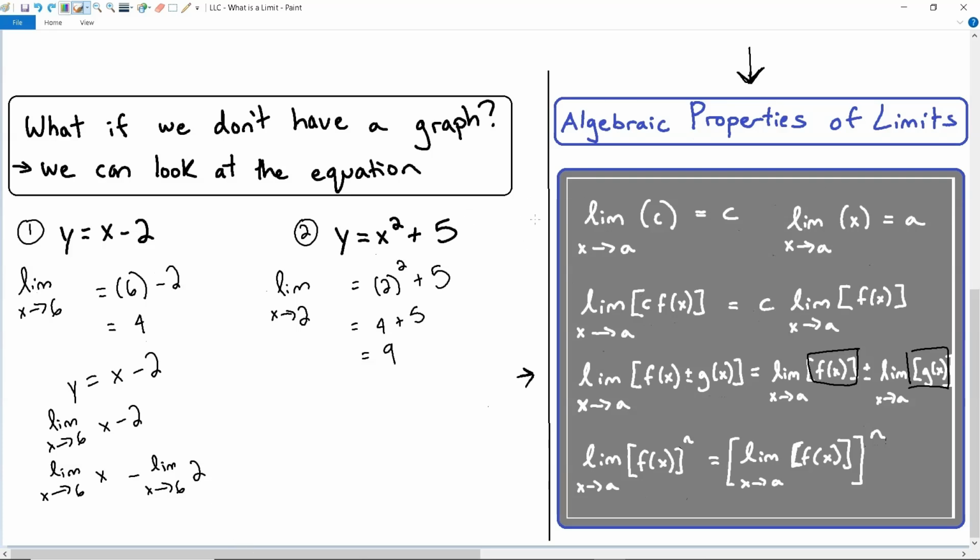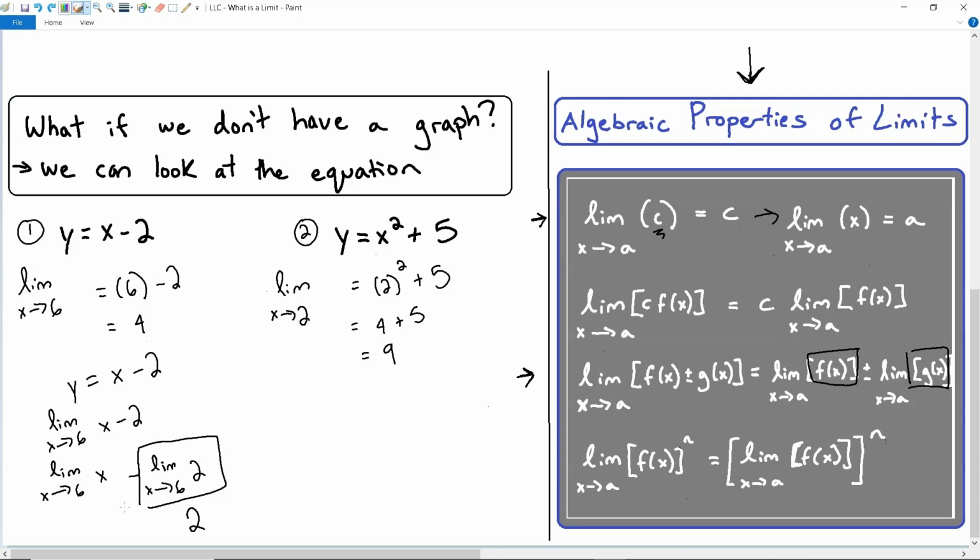If I look at the first property here, as x approaches any value for a constant c, my limit is just going to be the constant value. So the limit here for 2 is just going to be a 2. Now if I go down, or actually to the right here, the limit as x approaches a value for x on its own is just going to be that value.